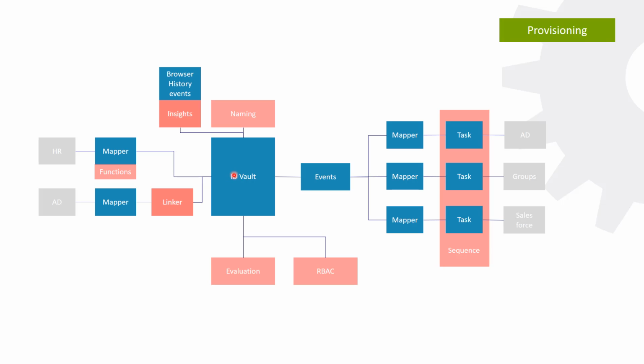This is another one, and that's the evaluation. So on top of the vault, you can run evaluation functions, and they will trigger or actually re-trigger the vault. As I showed you in the fine-grained events, if nothing is happening in the HR system in the 5 and 10 days and the day itself on onboarding, if nothing is changing in HR, nothing will actually happen.